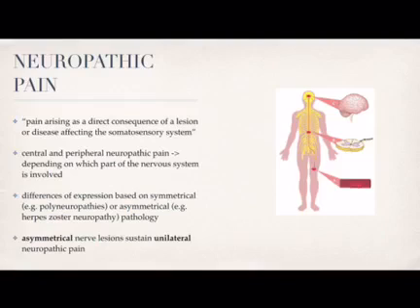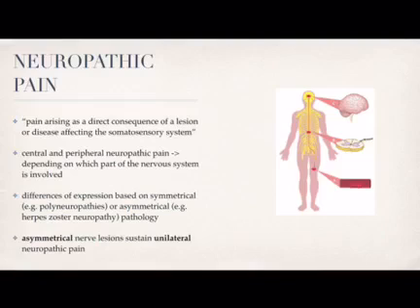Neuropathic pain can be divided, as I said, into central and peripheral neuropathic pain, of course, depending on which part of the nervous system is involved. And peripheral neuropathic pain is sustained by peripheral nerve lesions that can have various types of presentation.